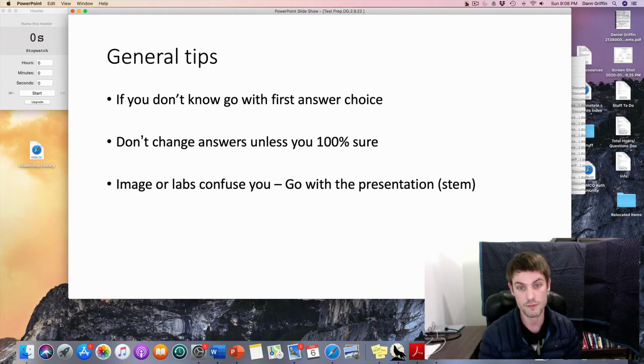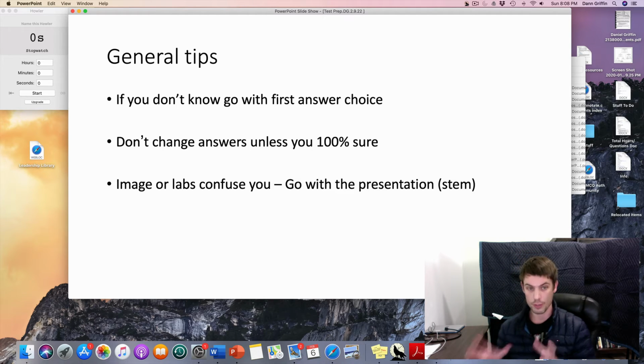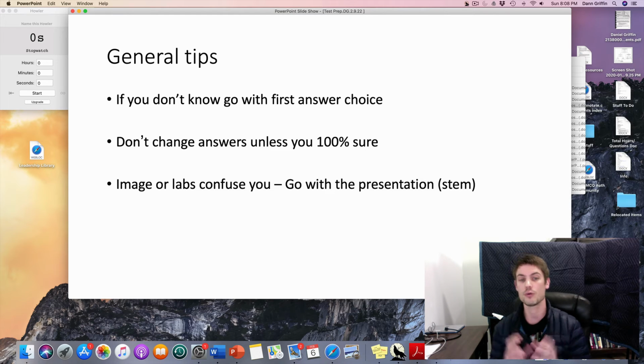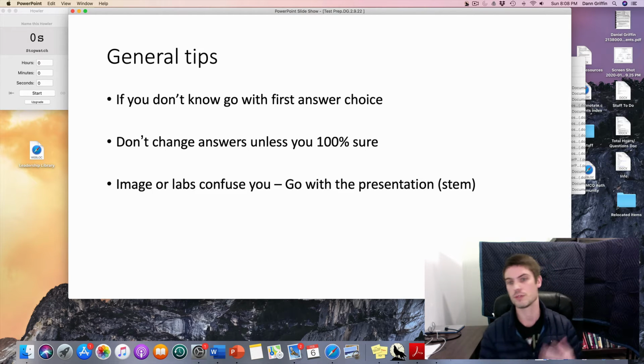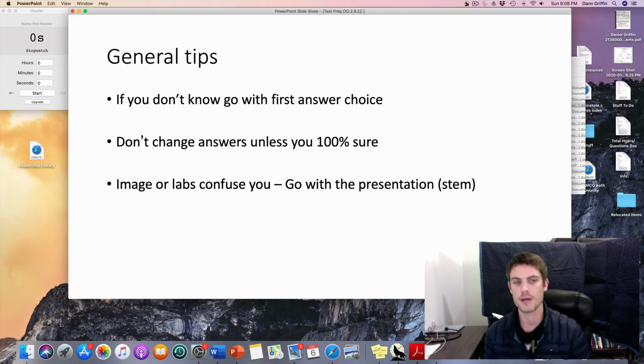Remember, your history and physical account for about 85% of what you get for the diagnosis. So the majority of the time you're able to answer the question solely off the history and physical, which in this case is the presentation or the STEM, and the labs and the imaging are there to help support that diagnostic workup.